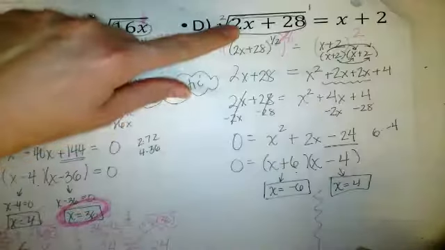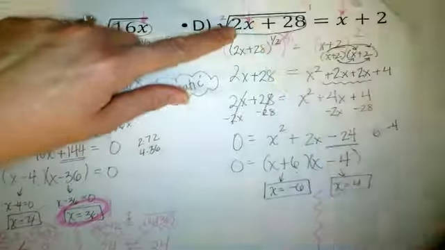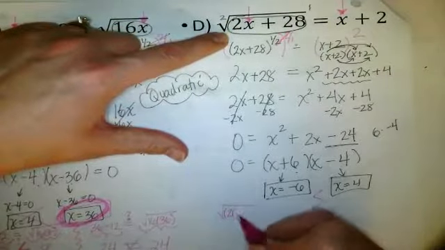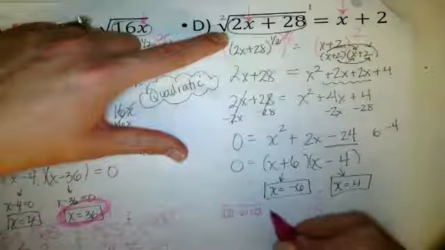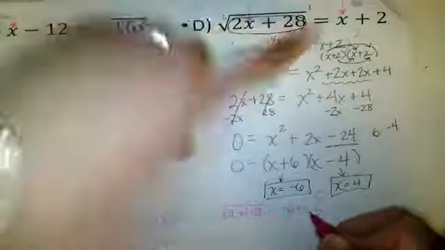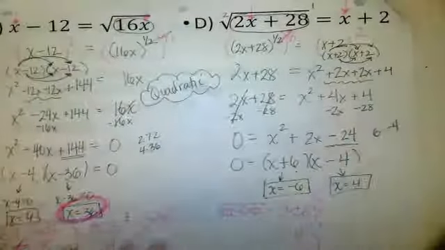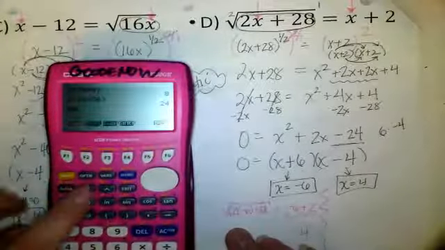Back in the original, I'm going to drop in my values in place of the x's there. So I have 2 plugging in a negative 6 plus 28 under the radical. And then on the right, I have negative 6 plus 2. Well, that I know, that's negative 4. So I'm going to check the left-hand side here under my radical.